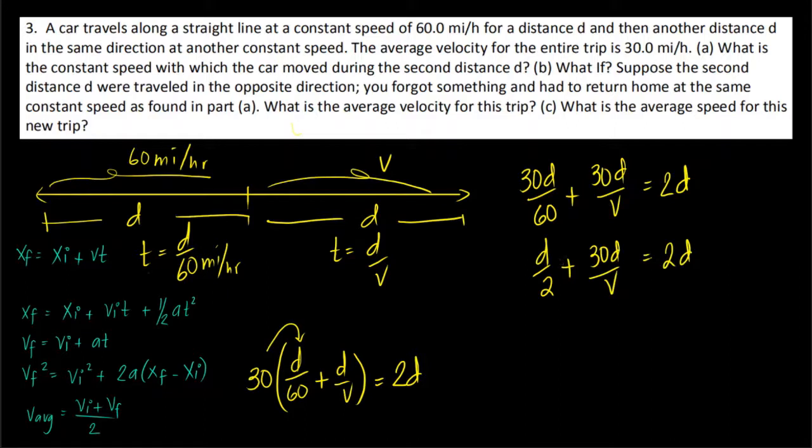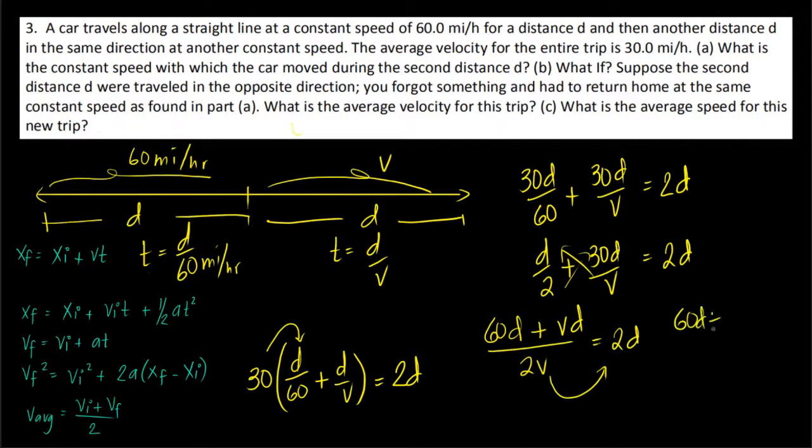Now, we cross multiply. This becomes 60d plus vd over 2v equals 2d. Transpose 2v, so it becomes 60d plus vd is equal to 4vd.